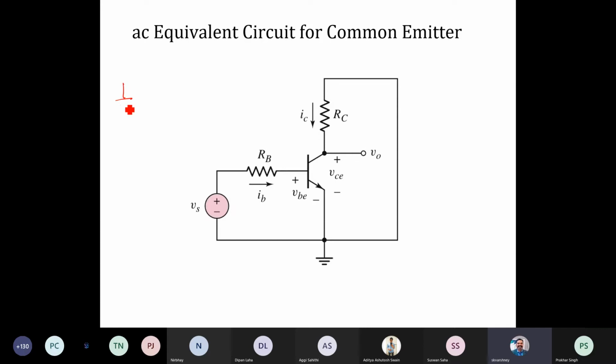So the DC circuit is simply this: VBB, RB, VCC, RC, and you take the output, that is VCE or V0, and you have the base current IB that flows, IE, and IC. So this is the DC equivalent.